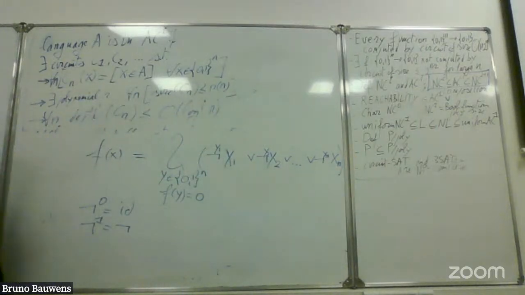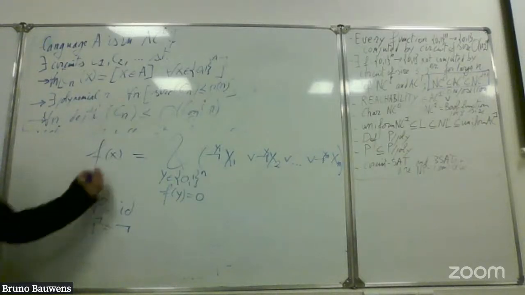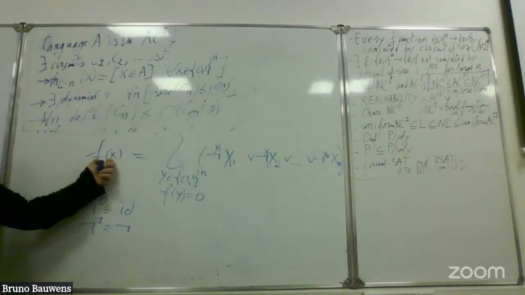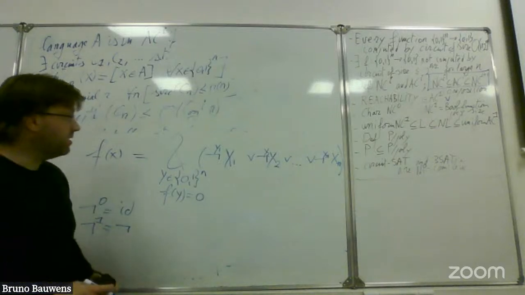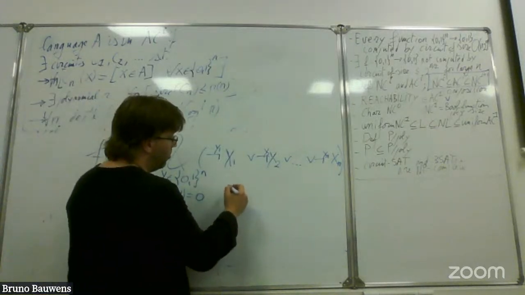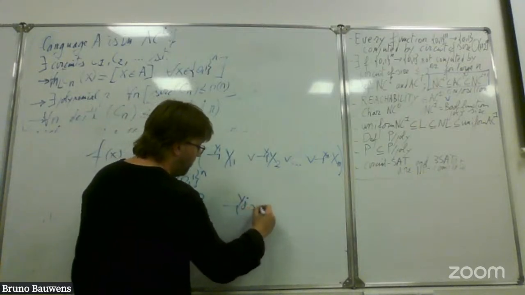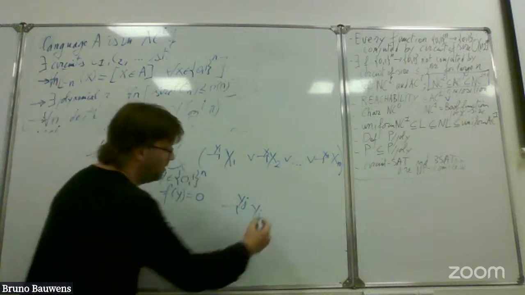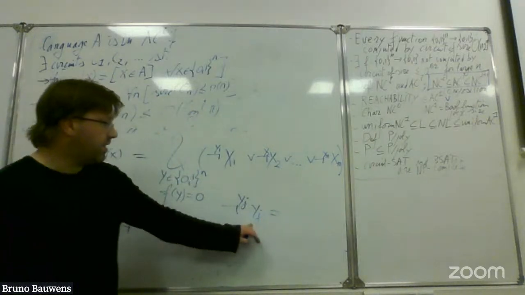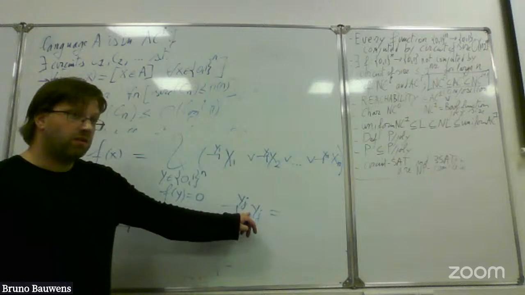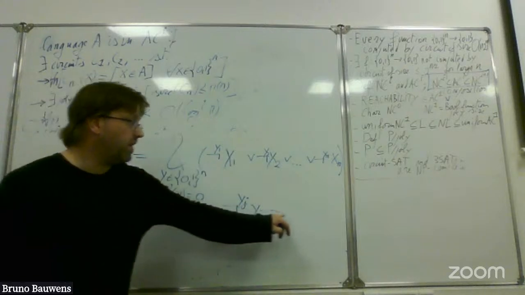Okay, and let us verify that this works. When we have an input x for which f evaluates to 0, what will happen in this formula? Let us say x is equal to y. So what is x_i to the power y_i? If y_i is equal to 0, then we have the identity and we have 0.